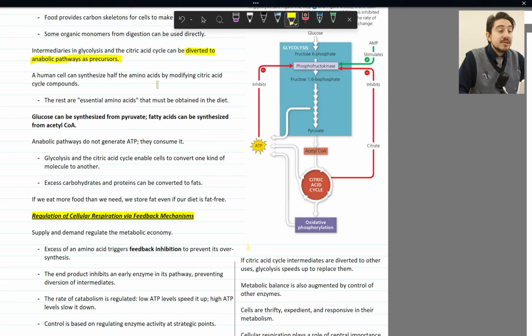A human cell can synthesize half of the amino acids, in the case of polypeptides, just by altering citric acid cycle compounds. So you can extract intermediates from the Krebs cycle to be used to create other things like amino acids.